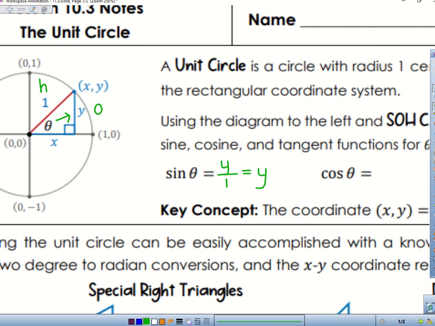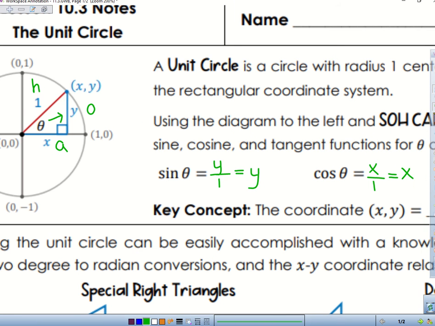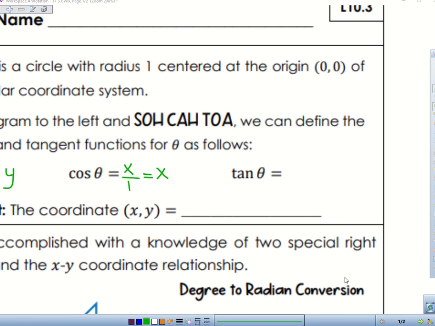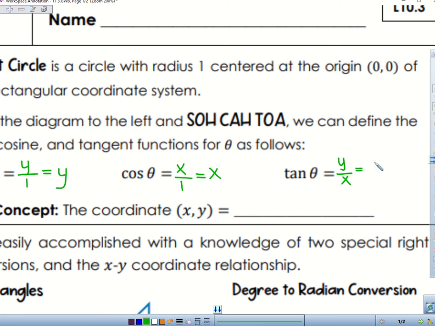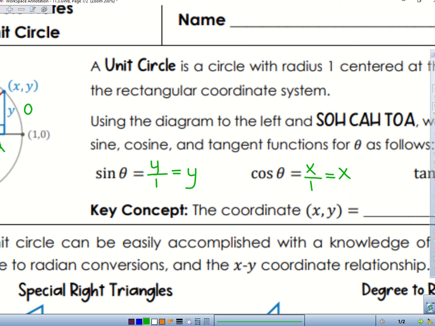Alright. And then we have cosine, which is adjacent over hypotenuse. So x over 1 is just x. And then lastly we have tan, which is opposite over adjacent, which is y over x. Good. Now isn't it true that y is equal to sine of theta, according to what we just figured out? Right here, see that?